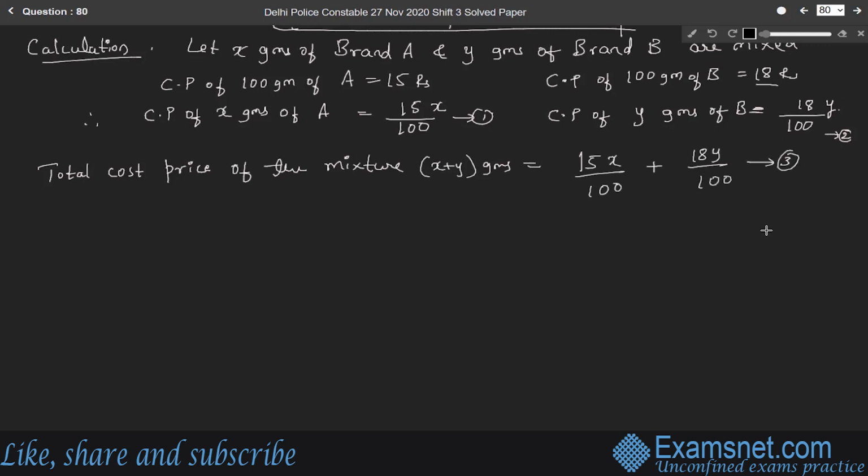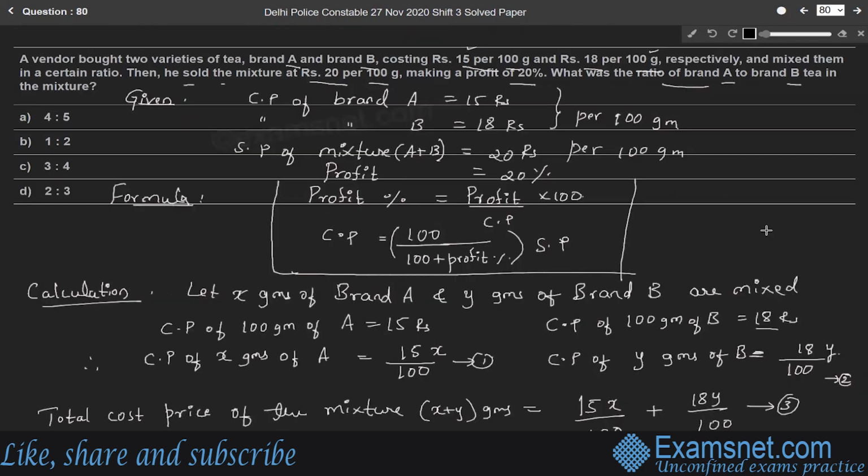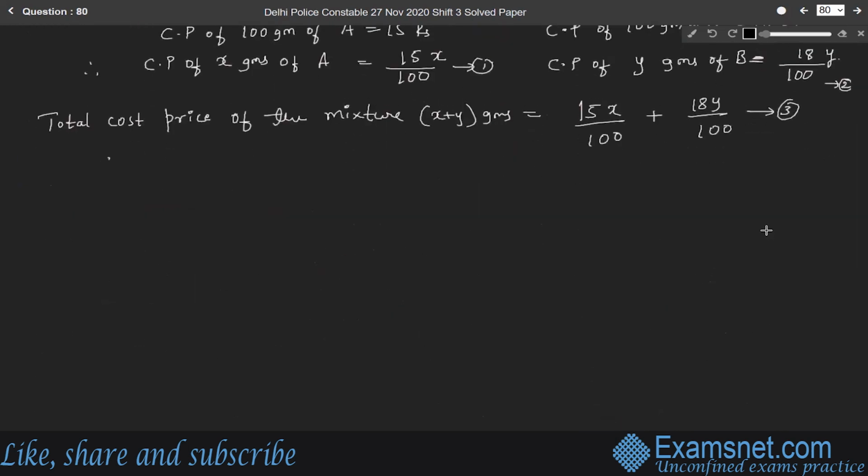Now our next step: what is given in the question? He sold this mixture at 20 rupees per 100 gram, making a profit of 20%. So our next part is the selling price of 100 grams of mixture.